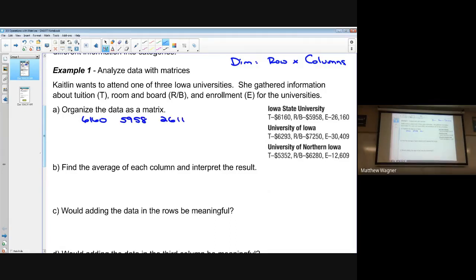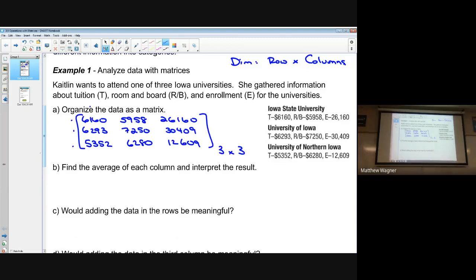So I'm just going to use the information in the order it's given, and I'm just setting up my matrix with the information below. Notice I do not have labels. It is strictly the numbers. And then I'm going to put brackets around my information. So in this case, I just set this up as a 3 by 3 matrix. I have 3 rows and I have 3 columns.